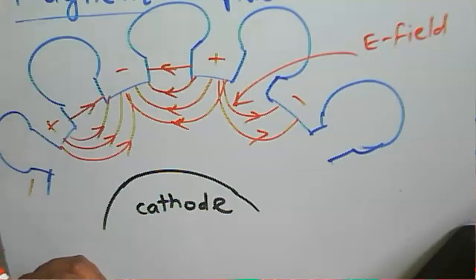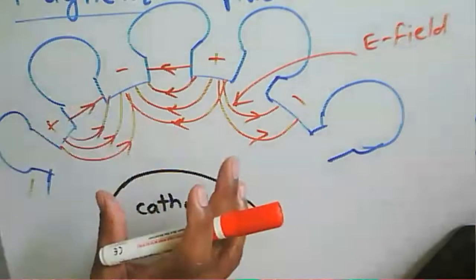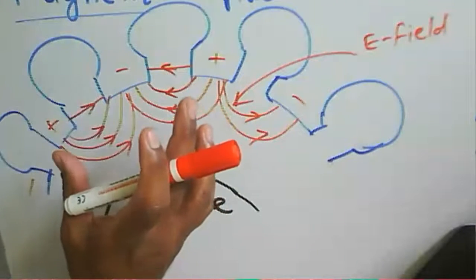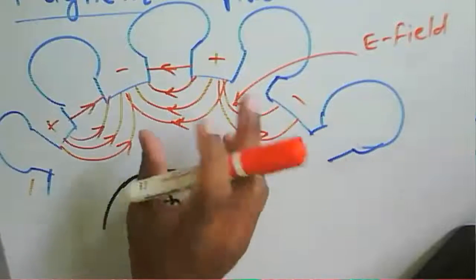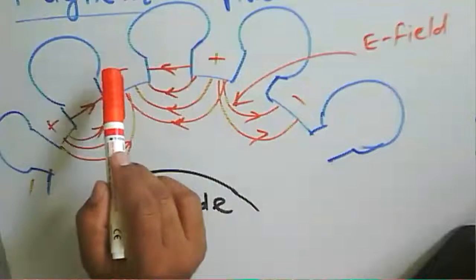Okay, so consider a given magnetron. Alternate cavities have some particular phase difference.